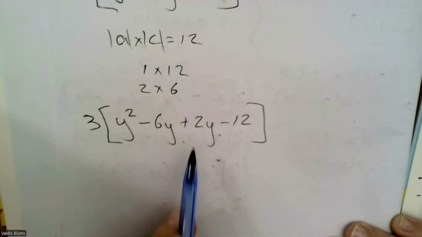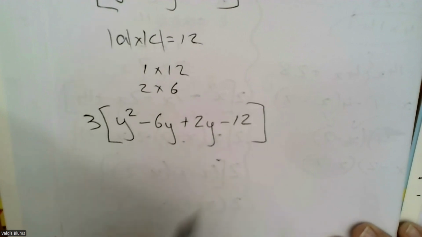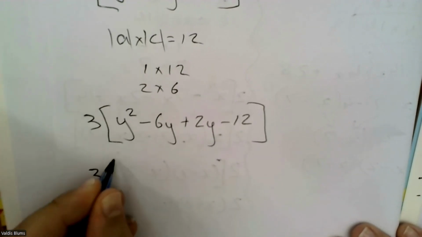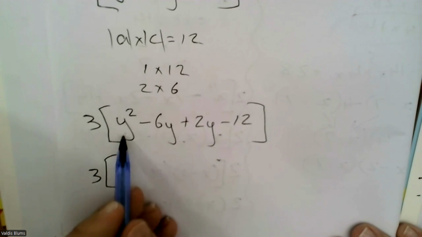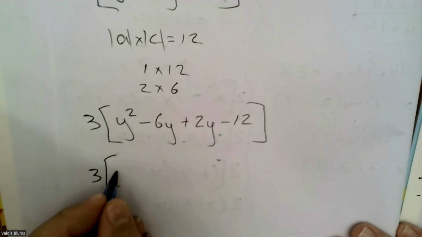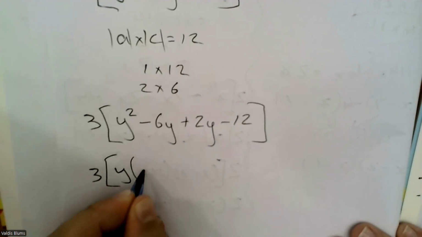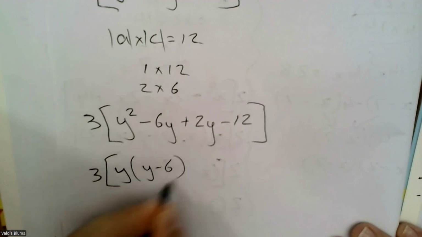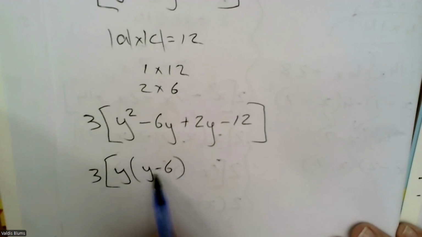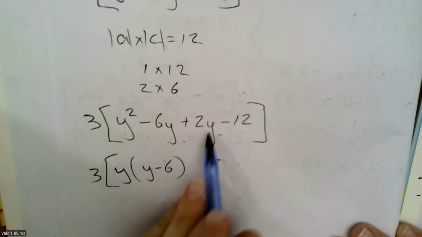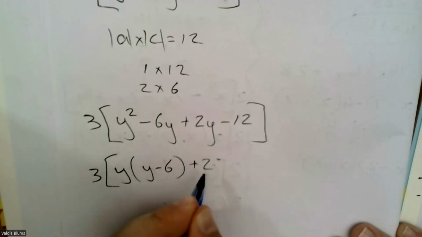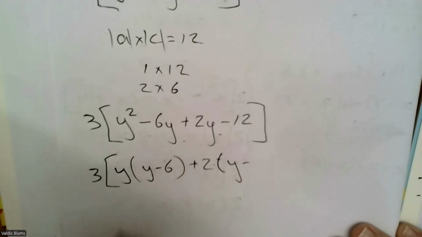And then we're breaking this up into the first two terms and the second two terms. So what's common in those first two terms? Well, we have a y. And then what's common in the second two terms? Well, we want to get it to y minus 6. So let's pull out 2. And we do indeed get y minus 6.